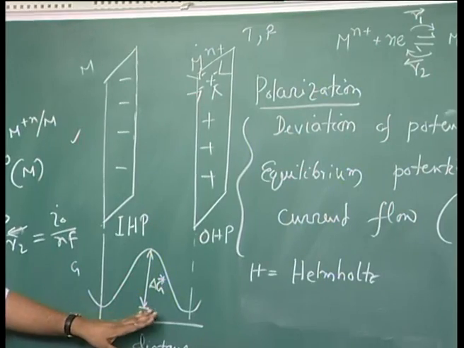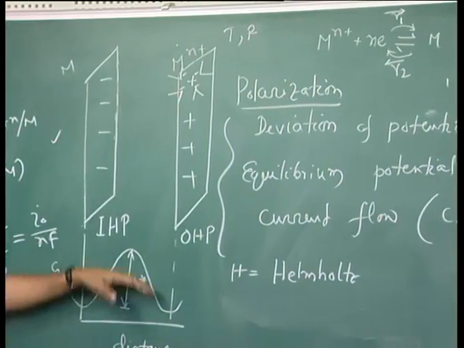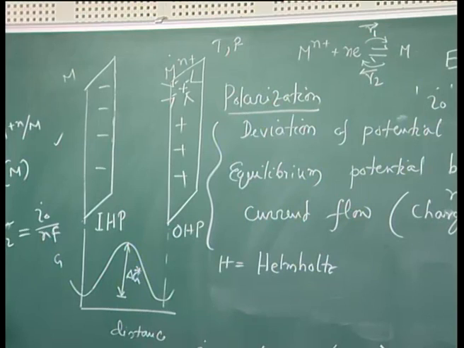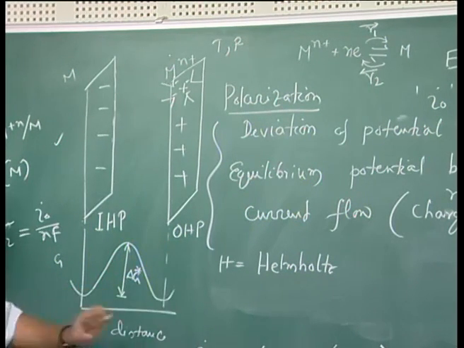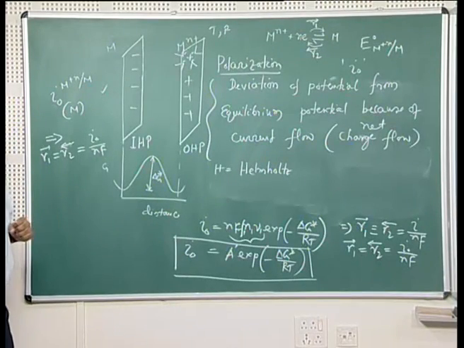Now, we know that at equilibrium you have this sort of reaction barrier, or the activation energy. If you would like to see the relation between the rate of flow, or the flux, from the inner HP to the outer HP, you come across the concept of exchange current density.